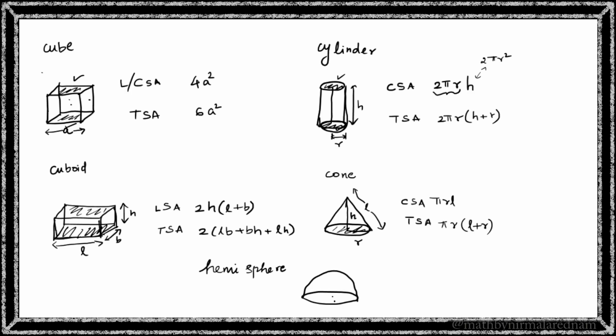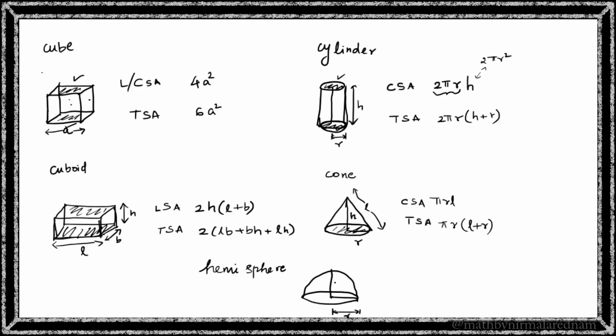And you have to remember, unlike cylinder and cone, where there is no correlation between the radius of the base and height of the cylinder, in a hemisphere it is not the case. If r is the radius of the base, then this is also r.